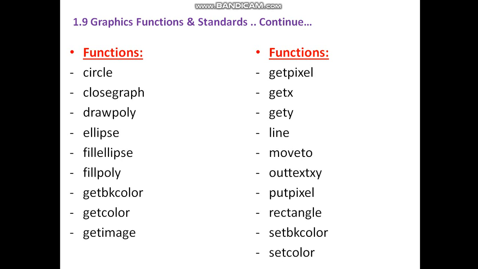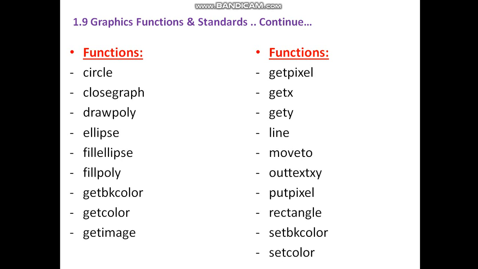Then getimage. The getimage function saves a bit image of a specified region into memory; the region can be any rectangle. The syntax is void getimage, and the parameters are int left, int top, int right, int bottom, void asterisk bitmap.